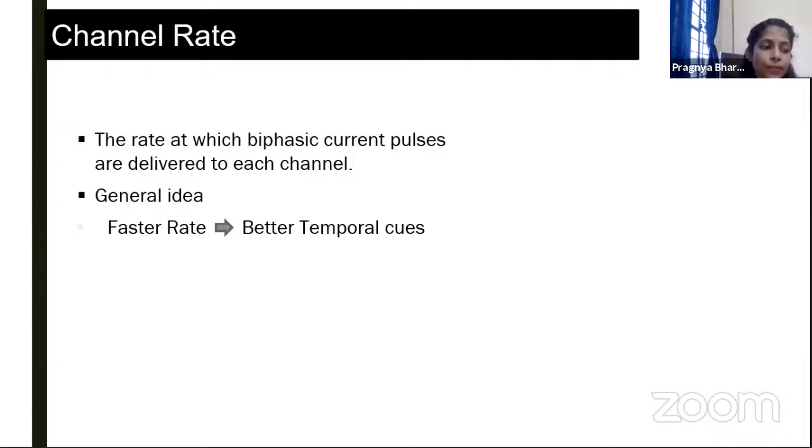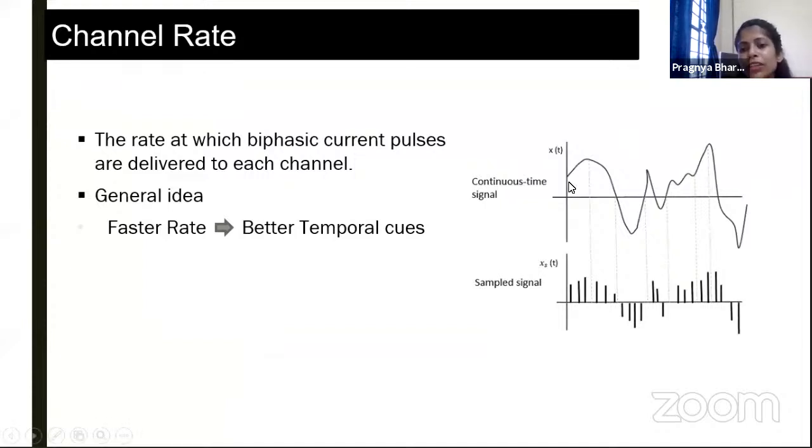If you now think about this stimulus envelope, if we use a slower stimulation rate, which is only located at the dotted line as you see here, do you think we will be able to represent this entire waveform correctly, in its original form? We will be missing out a lot of information from the waveform.